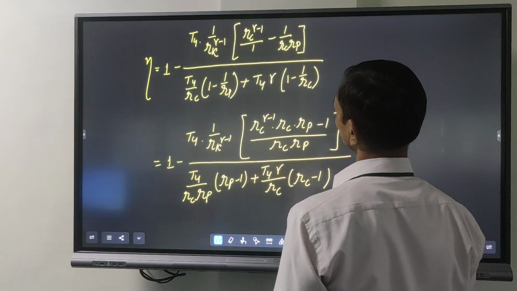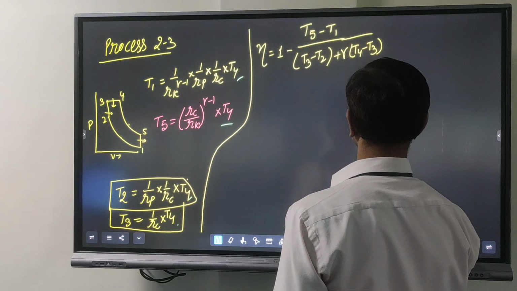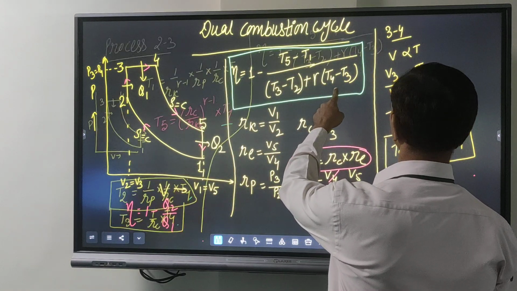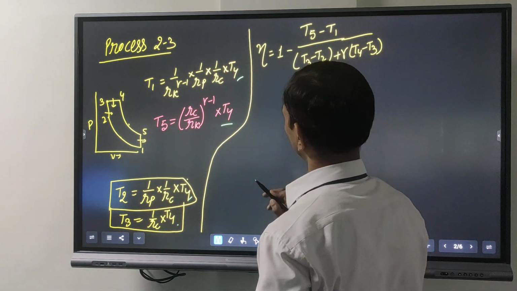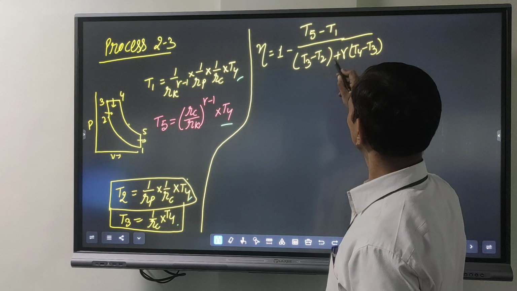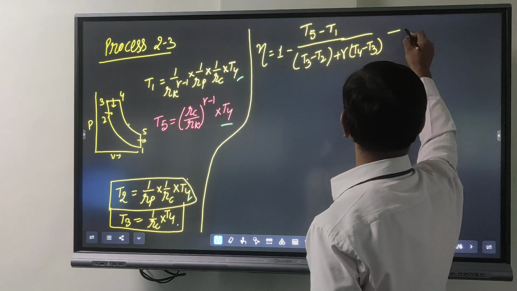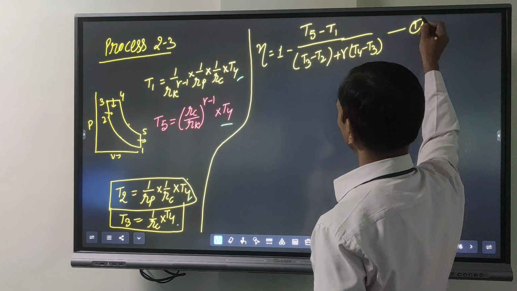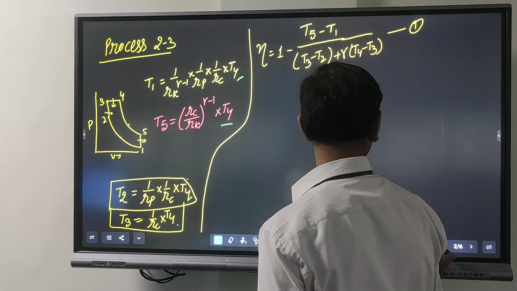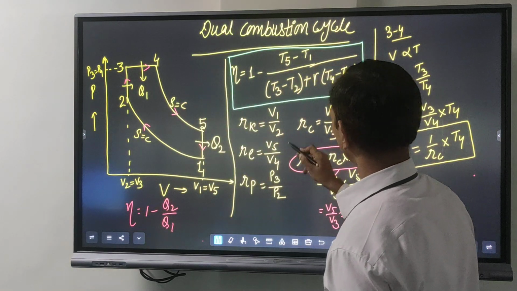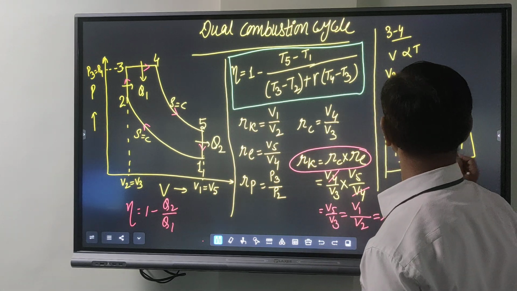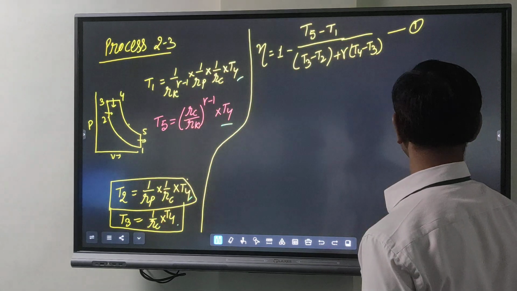Once again, efficiency is 1 minus (T5 minus T1) by (T3 minus T2 plus gamma (T4 minus T3)). Put the value of T5, T1, T2, T3 in this equation. This is the main equation, and you can find all of these things this way.